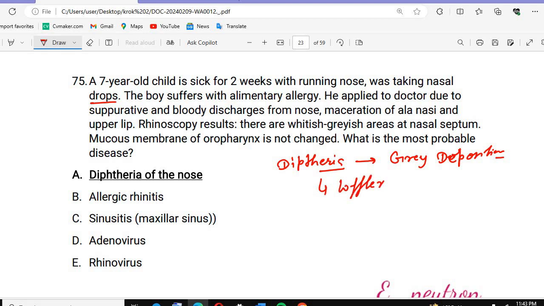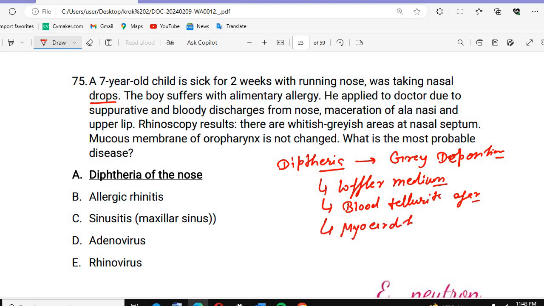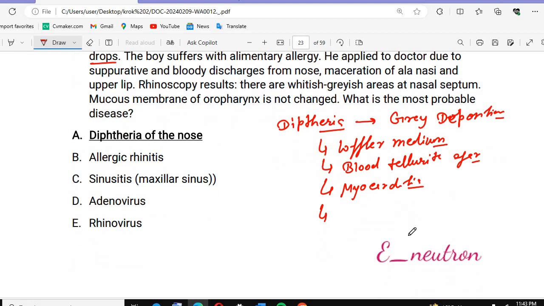So this is again a question from the Krok exam. So Loeffler's medium will be there. Along with that, we will have blood tellurite agar. They can cause myocarditis. And they have some findings, that is the bull neck appearance.